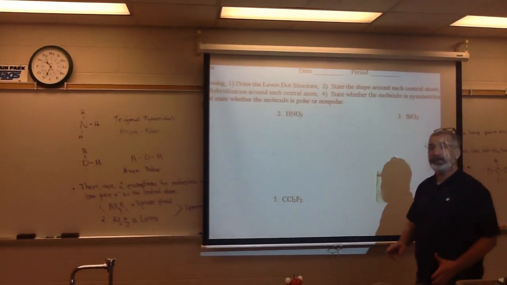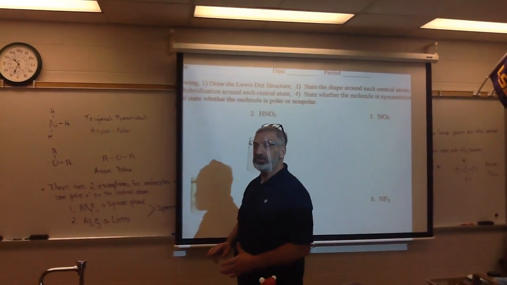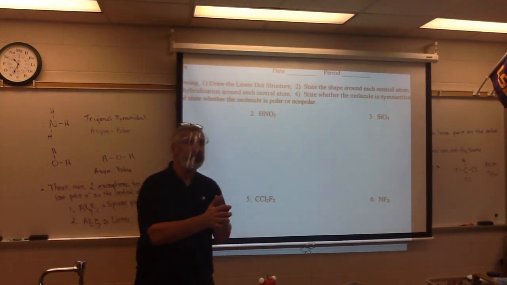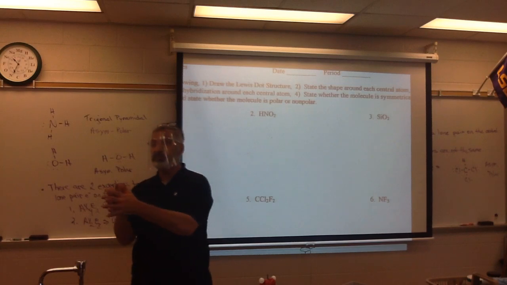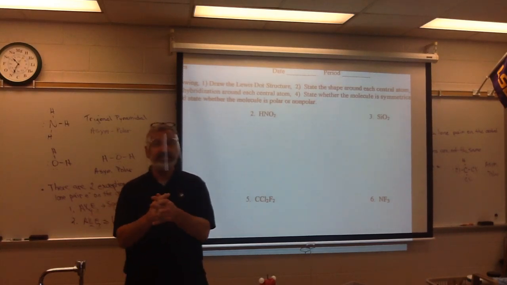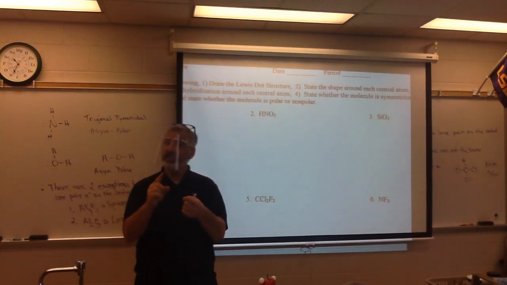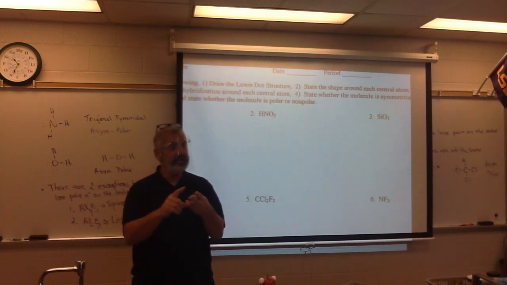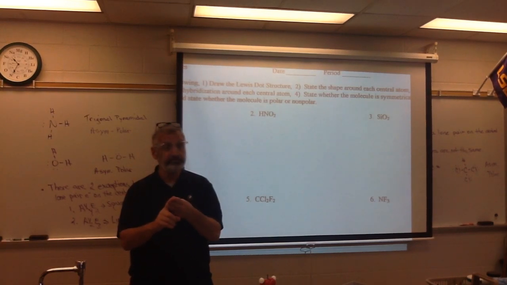So we should be able to tell now, just looking at the shape of the molecule, whether it's symmetrical or asymmetrical, whether the molecule is polar or not. Because that's going to determine, if non-polar, it's only got London dispersion forces, but if it's polar, it has dipole, and hydrogen, or possibly hydrogen bonds.